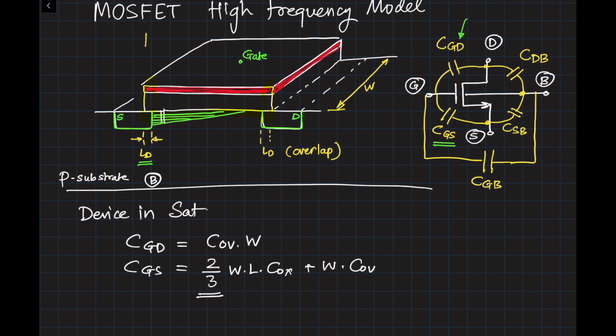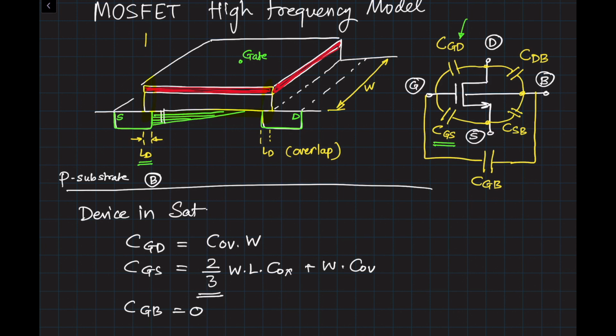There is a little bit of math behind it, which we don't have to go through right now. You just have to assume this value, 2/3 W L Cox. The C gate to bulk is equal to 0 because the channel is right there, shielding the substrate from the gate. So the gate has all the field lines going to the source, maximum lines.